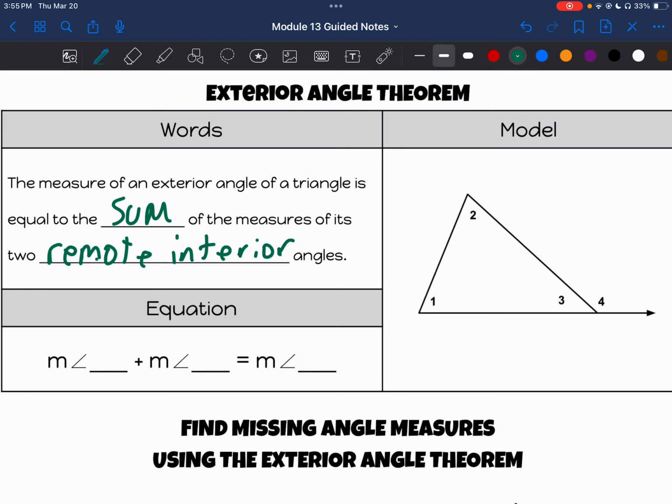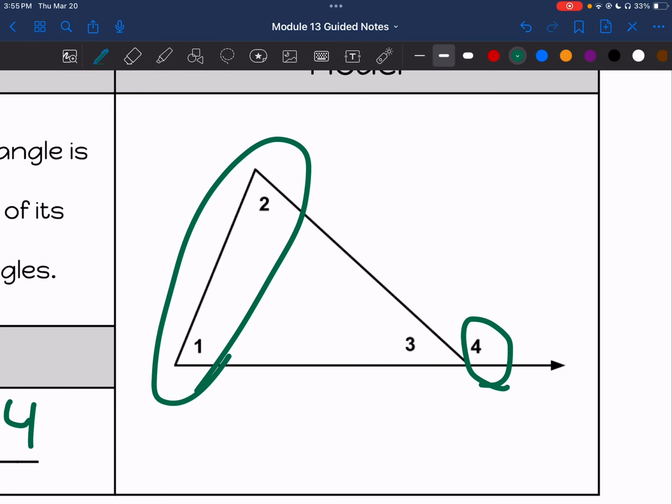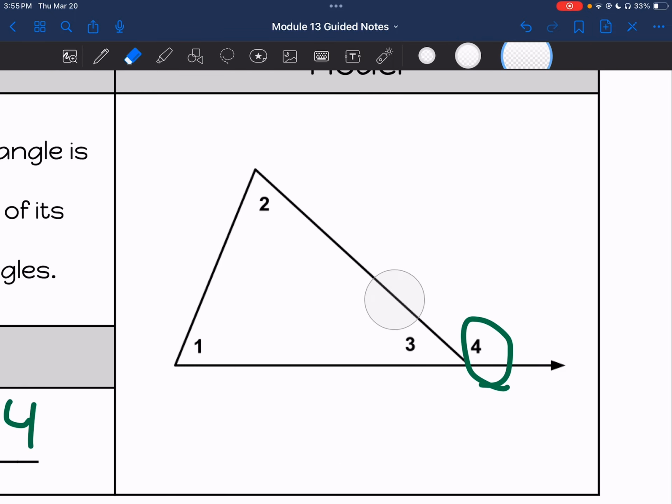So in the model off to our right, our two remote interior angles are those two. So the measure of angle 1 plus the measure of angle 2 is equal to the measure of angle 4. Now, let's look at this model and explore why this is the case for a moment.